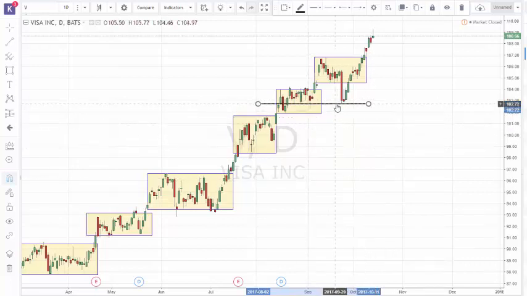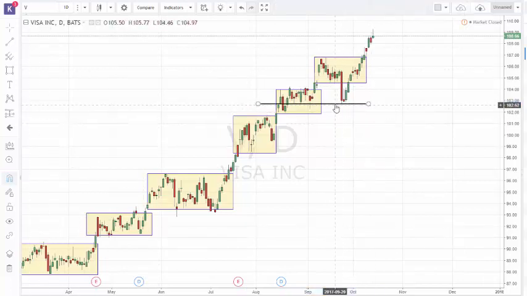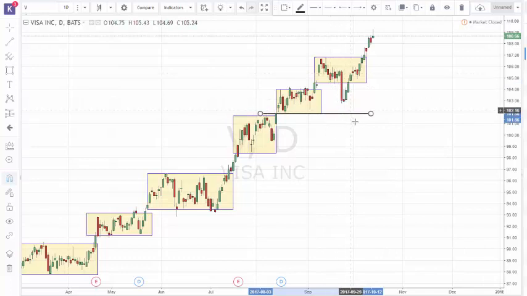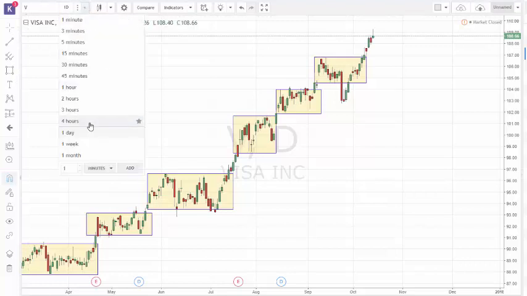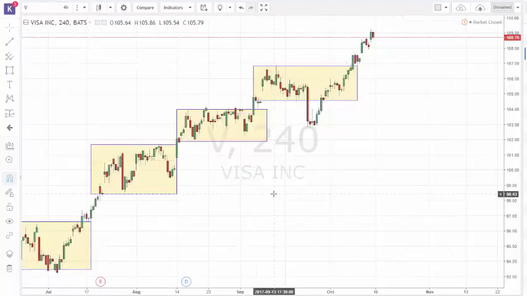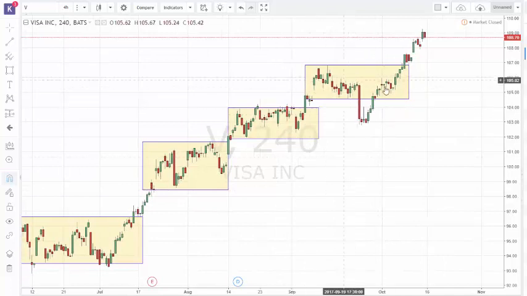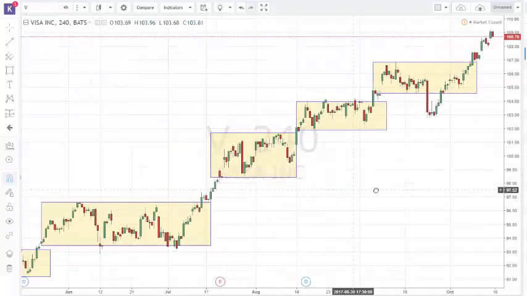I would have left this trade if these levels got broken, because then I would have been seeing lower lows. But let's zoom in again on, for example, the 4-hour chart. So this one was a box that actually got broken.